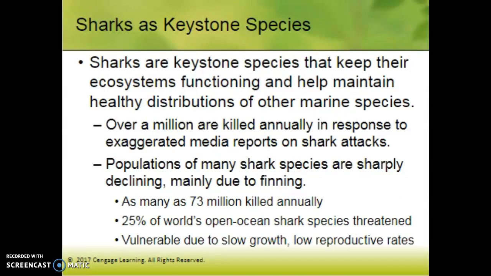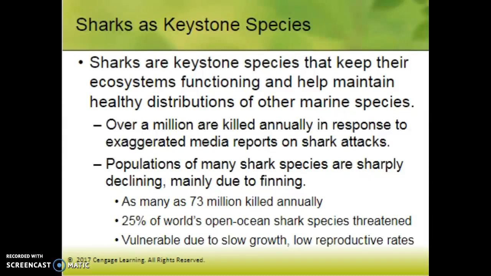Sharks are another example. They maintain marine environments. Over 1 million are killed every year in response to way over-exaggerated media reports on sharks. Look up how many people die to shark attacks compared to how many sharks die to people attacks. We're winning that battle.